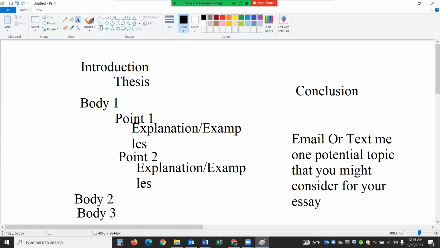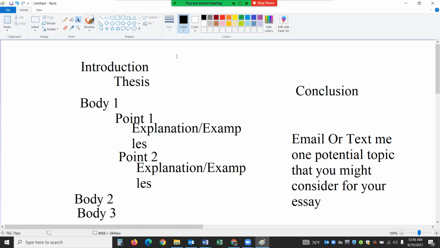Now, that does not mean that this is the topic you will use. All it means is that you understood what I talked about in this video when I went through the instructions for the essay. I even gave you some examples as I was speaking, so you can use those. All I want is for you to tell me in this way that you understood the instructions and what we're going to be doing. So one potential topic that you might consider for your essay at this point in time.